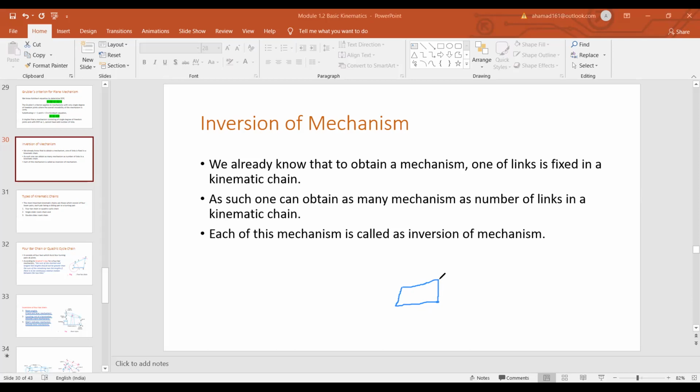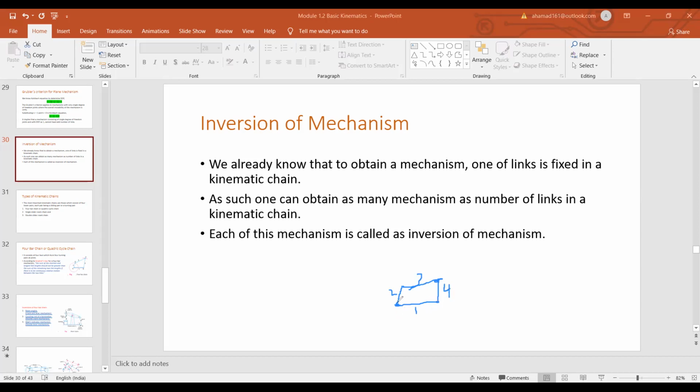A turning joint is one which allows the turning motion between the two links of a kinematic pair. So here I have a choice to fix any of these four links. Here is link one, here is second, third, and this one is 4.